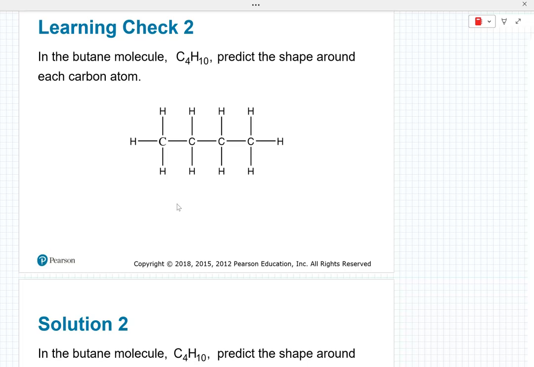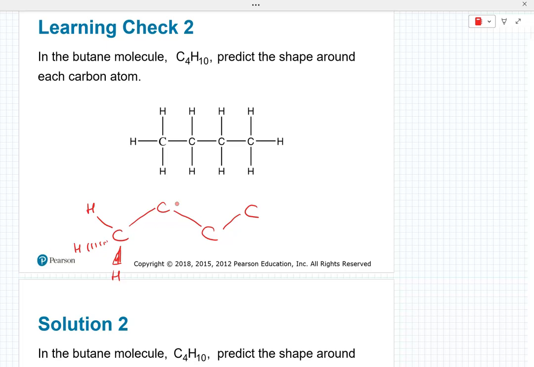If we try to do this wedge dash formula, then for this carbon, for instance, since these two bonds are in the plane of the screen, we can have 1 hydrogen behind, and 1 hydrogen in front, okay?